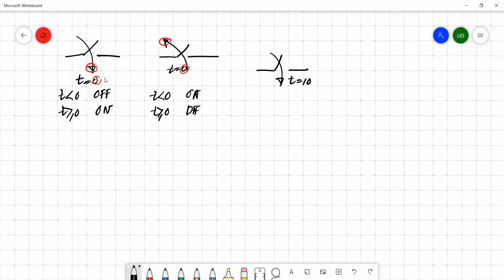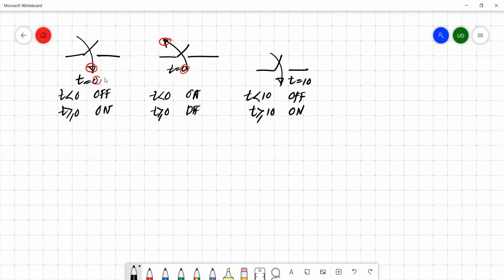For example, if you have this kind of a switch, its operation can be defined like that. This switch is turned on at t equals 10 seconds. So for t less than 10, it was in the off state, and for t greater than or equal to 10, it moves to the on state.